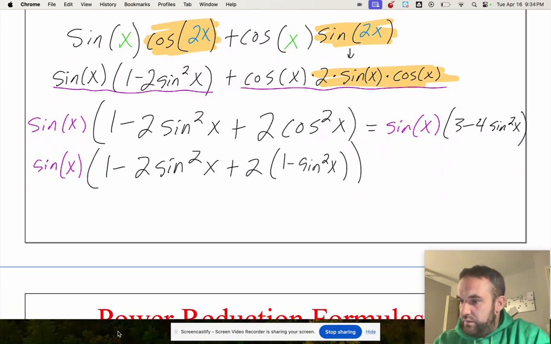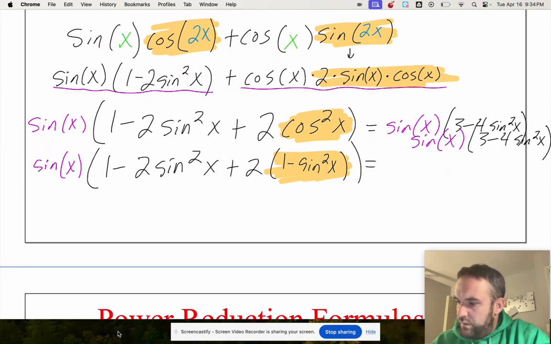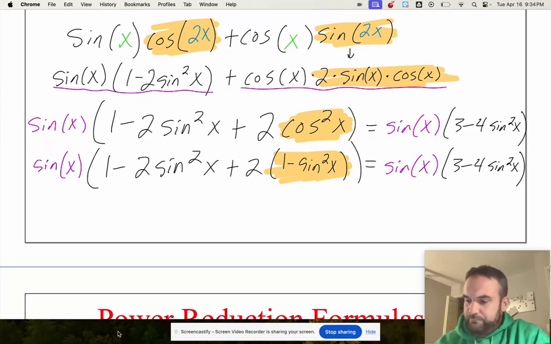So again, just to keep it consistent with the orange, I am swapping out cosine squared for the equivalent quantity, 1 minus sine squared, and then hoping that that is equal to the right side of that equation.